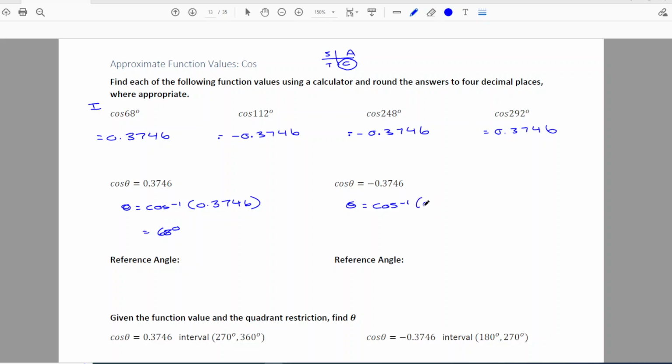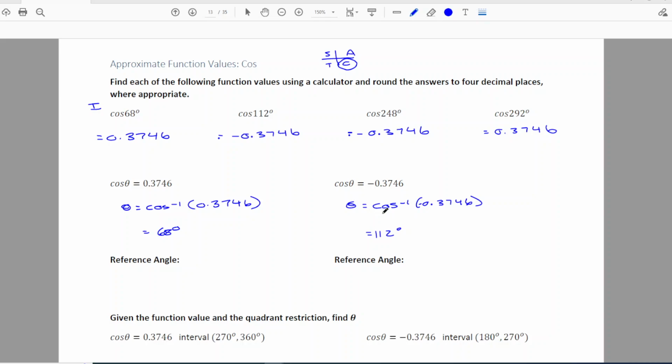Well, let's just let the calculator tell us. If I plug in inverse cos of negative 0.3746, it gives me 112 degrees. Well, that's interesting.